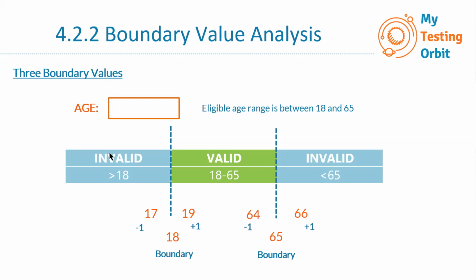So we are taking three boundary values on each side of the boundary of the valid range. In this case, it's 17, 18, and 19. So boundary, boundary -1, boundary +1. The same goes over here: 64, 65, 66.